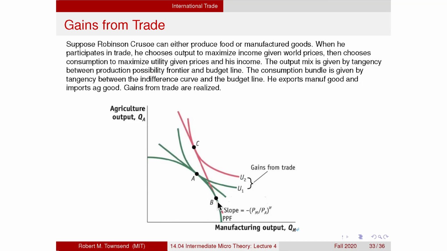They would produce more of the manufacturing good and export it and consume both goods in such a way that their utility is higher. I can't remember if I emphasized it, but this illustrates the gains to trade for a single consumer like Robinson Crusoe, which you can see evidently has higher utility because they get to trade away from the origin.